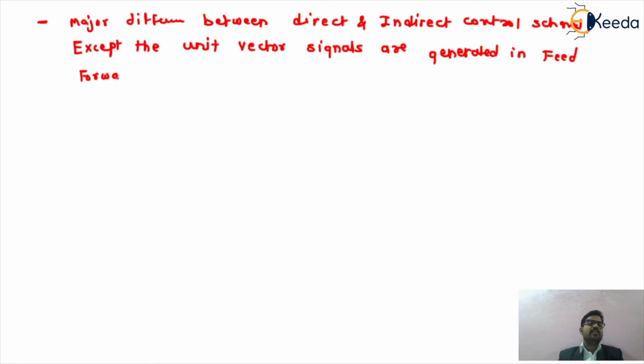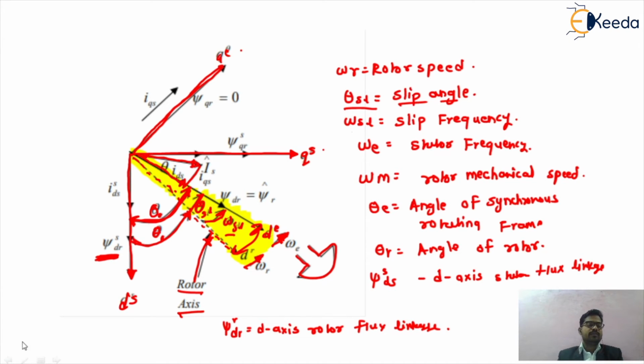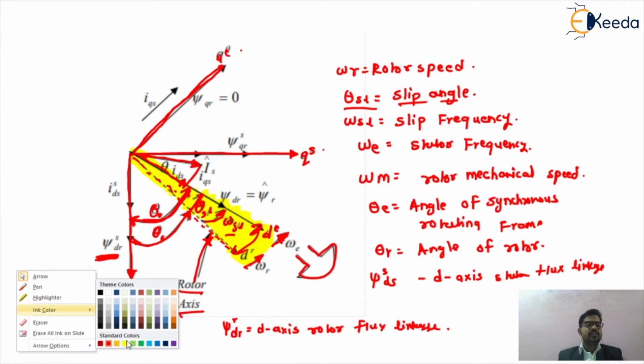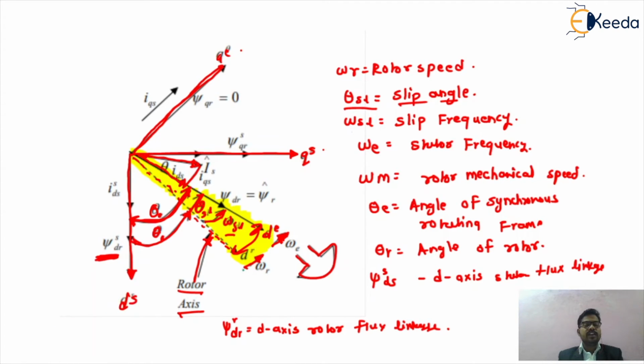So what do you mean by the feed forward manner? Friends, in indirect vector control scheme, we are getting the unit vector, means this term, I can show, because previously it was the rotor angle, so it will move forward, that is feed forward.